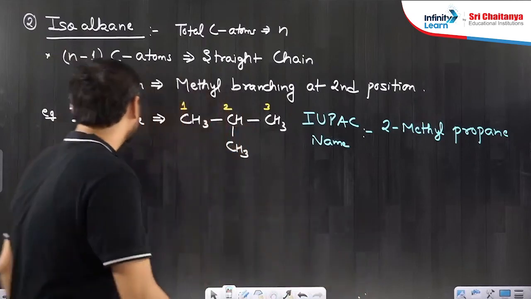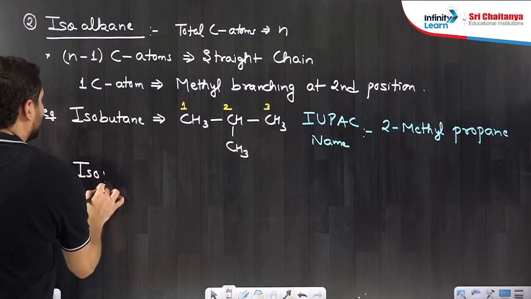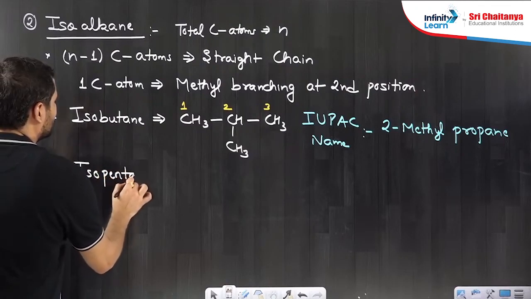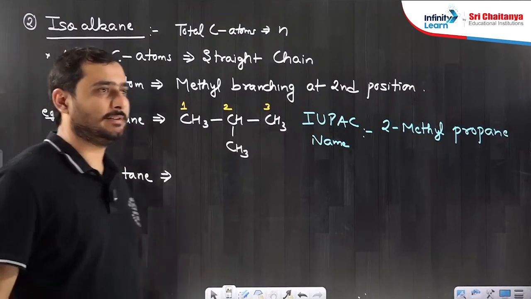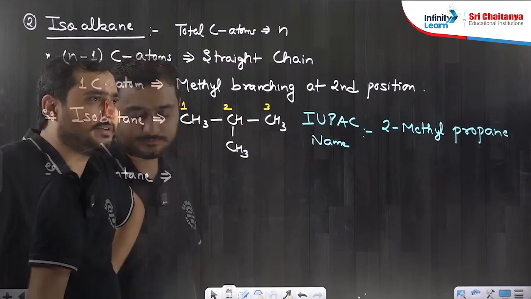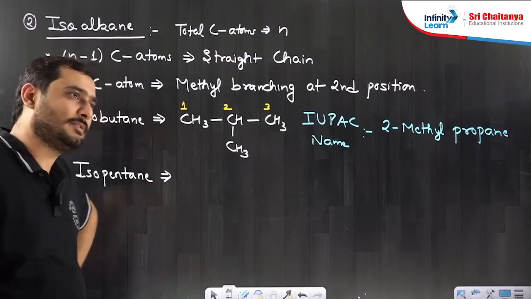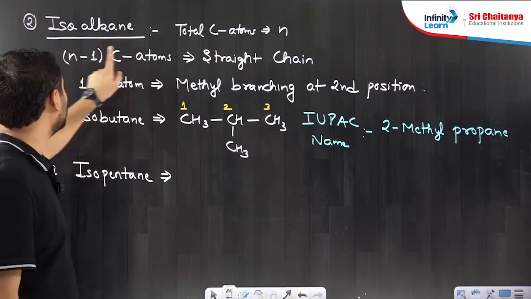Now next is, what is the structure for isopentane? Pentane means total how many carbon atoms are present? Very good. 5 carbon atoms are present. Now 5 carbon atoms are total. How many carbon atoms are in the straight chain? N minus 1.